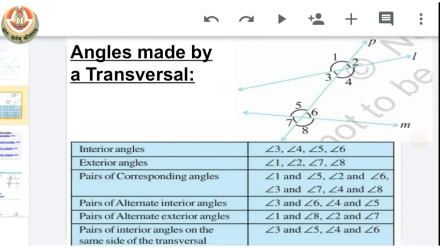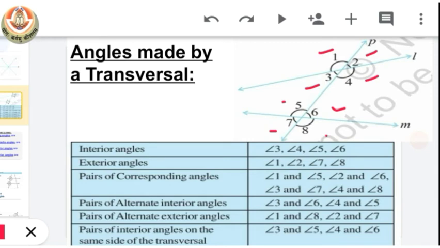You can see here 1, 2, 3, 4, 5, 6, 7, 8. There are a total of 8 angles formed by a transversal when it intersects two lines. Now, these types of angles have certain names. So first of all, we have to see what kind of name is given to such angles.